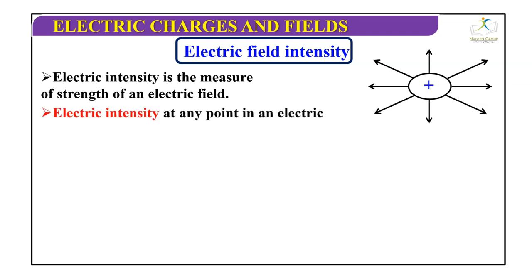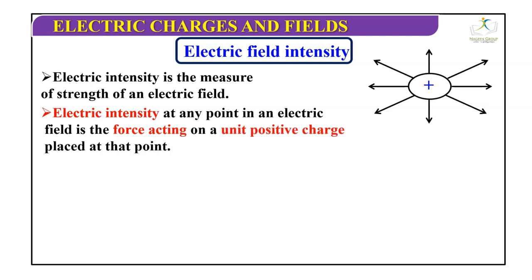So the electric intensity at a particular point in an electric field is the force acting on a unit positive charge placed at that point. Means simply, if we want to calculate how much intensity a particular charge has, we will take force per unit charge.